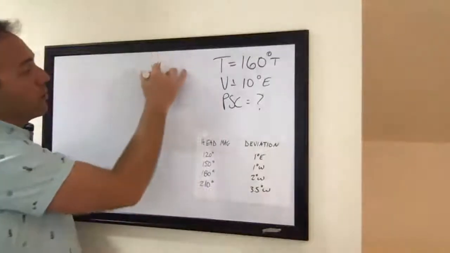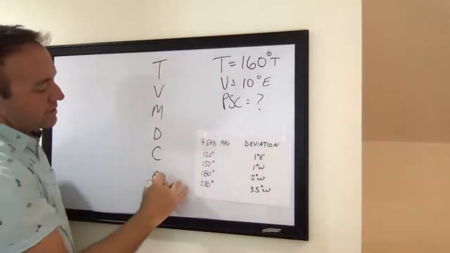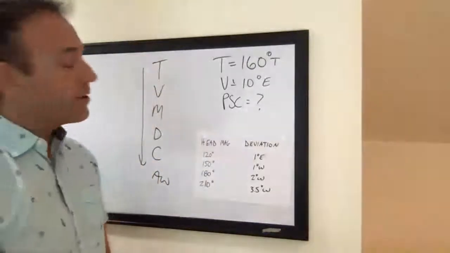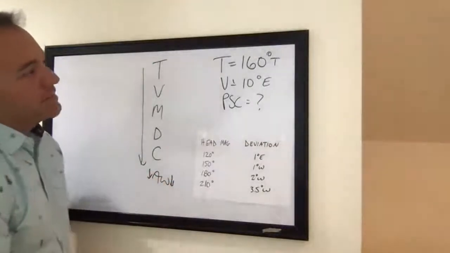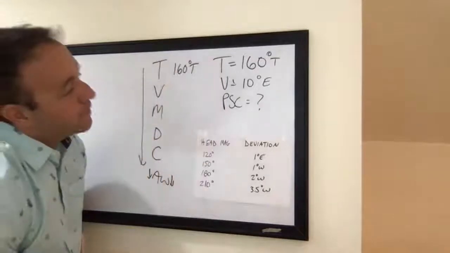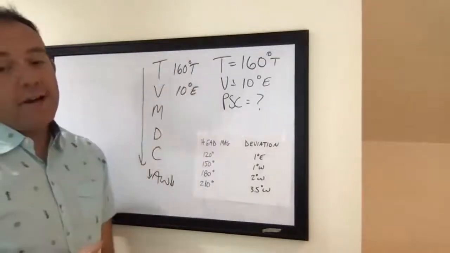So you're going to want to use the memory aid, True Vampires Make Dull Companions At Wakes, just like before. And if you're working southbound in the acronym, you're going to add westerly things. So as an example, you've got 160 degrees true. Variation is 10 degrees east. So we need to add or subtract that.